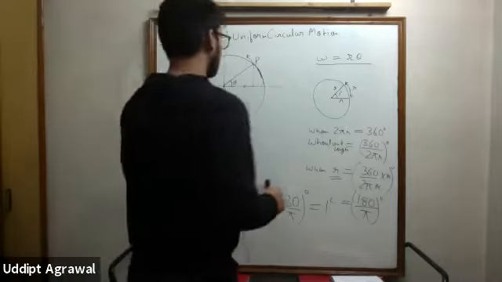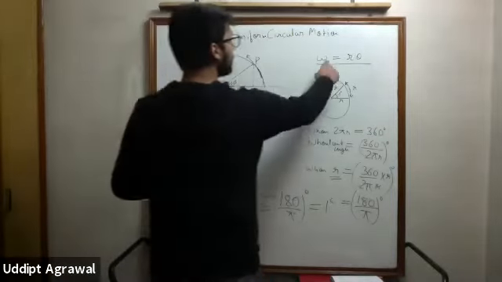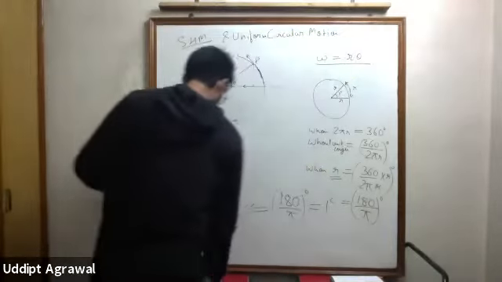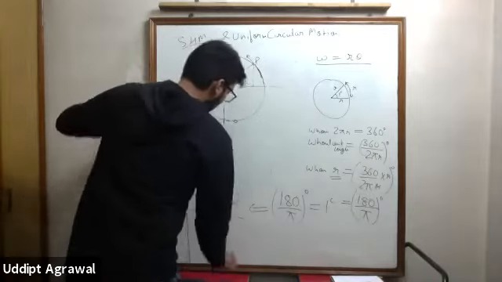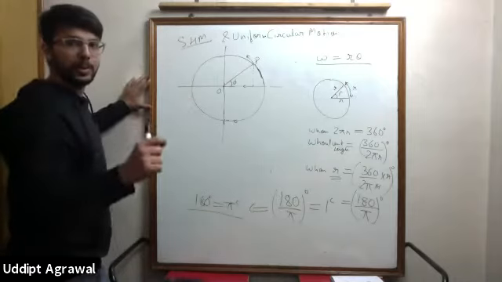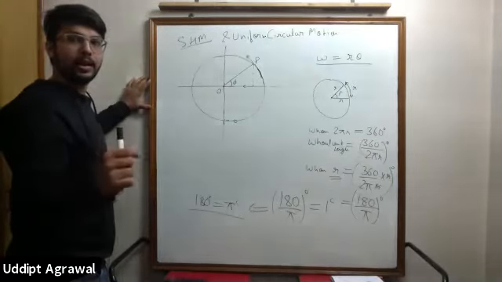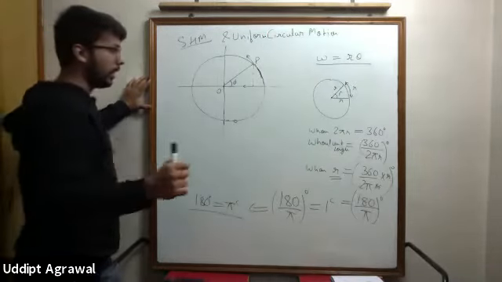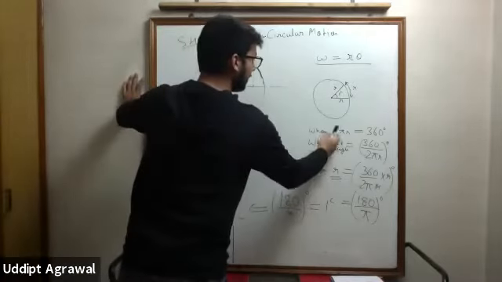Now, why am I telling you this? It comes back to omega. Let's understand that. From here, I can get a relationship between length and radius.